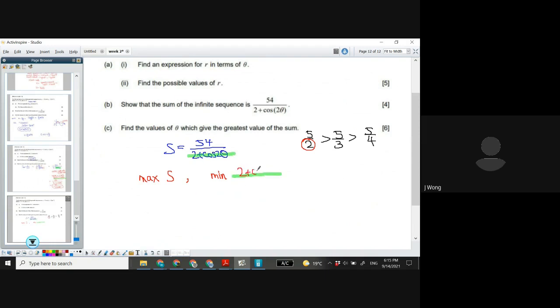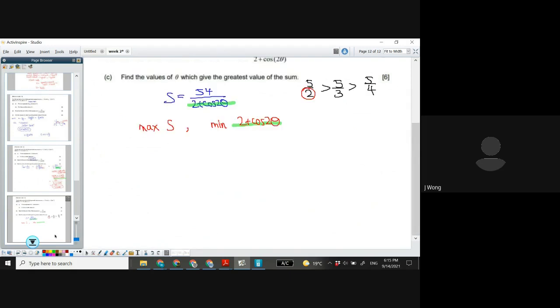So let's look into just the denominator now. 54 is out of the equation. So let's start by looking at just cos theta. Cos theta will be a graph that looks like that. And we know that the range of cos theta will be between -1 and 1. What does cos 2 theta suggest to us?